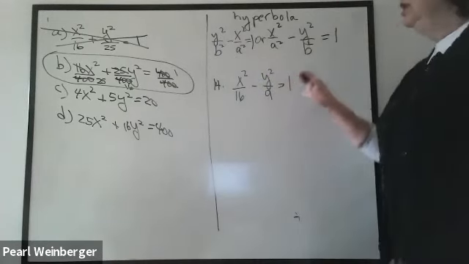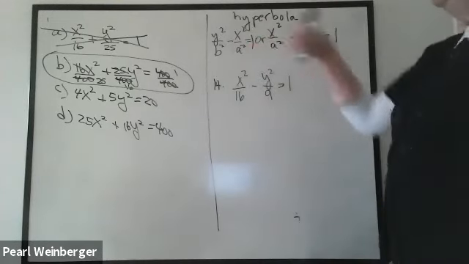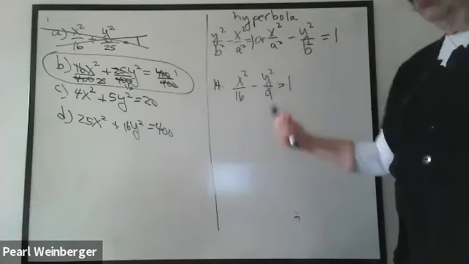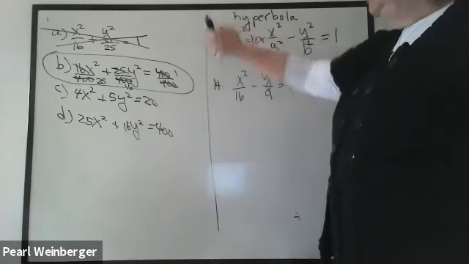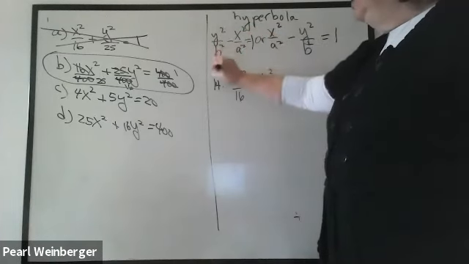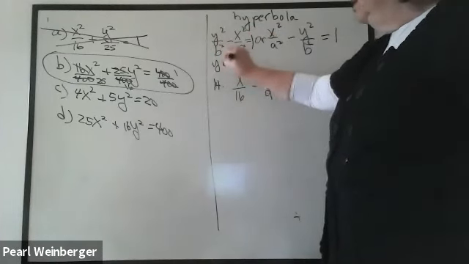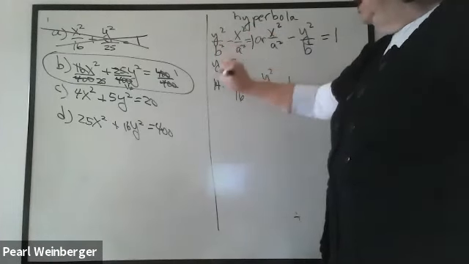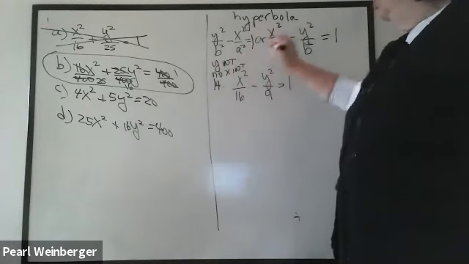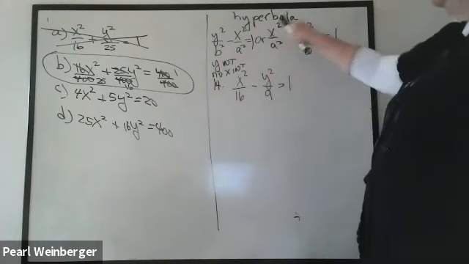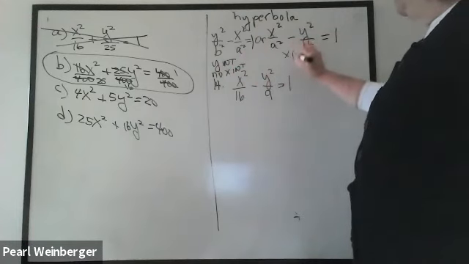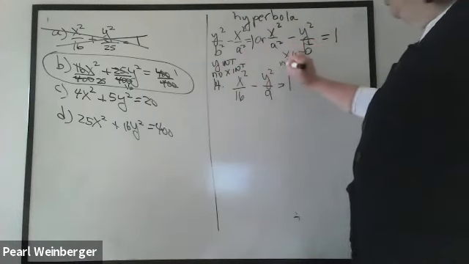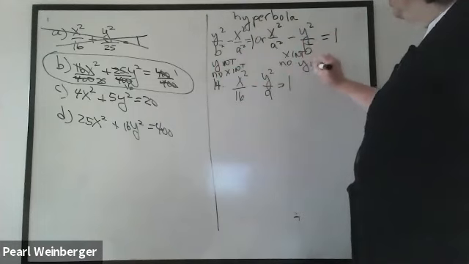What's interesting in a hyperbola is you don't get both x and y intercepts. When the y squared is positive, then you end up with y intercepts and no x intercepts. When the x squared is positive and the y squared is negative, then you end up with x intercepts and no y intercepts.